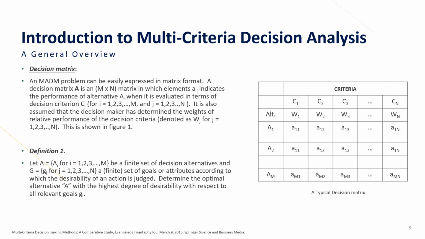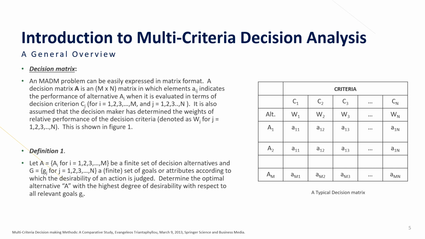For simplification purposes, we can view multi-criteria decision making as a typical decision matrix, as you can see in the picture.